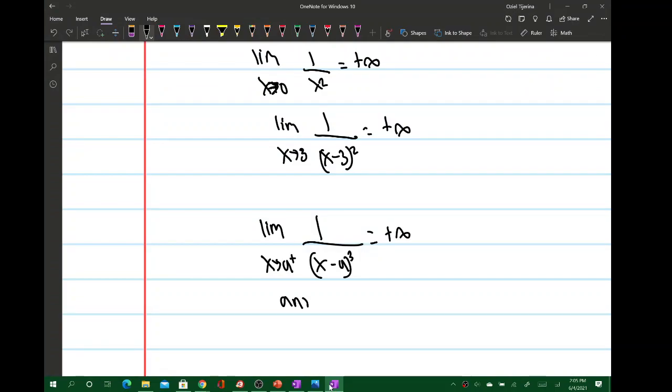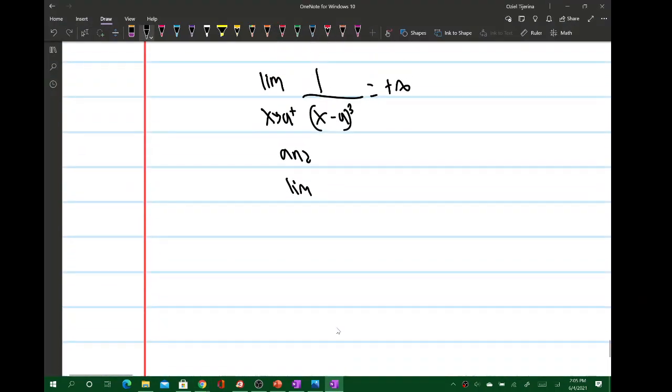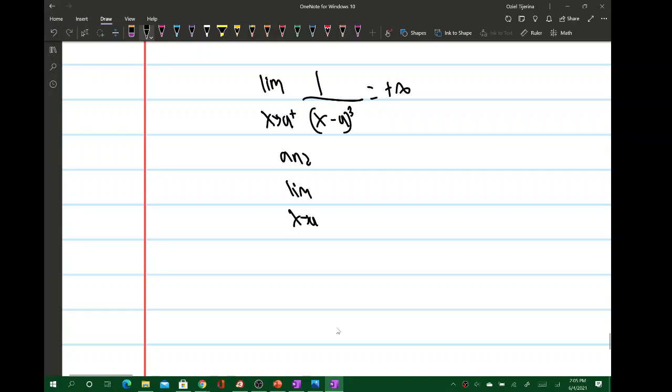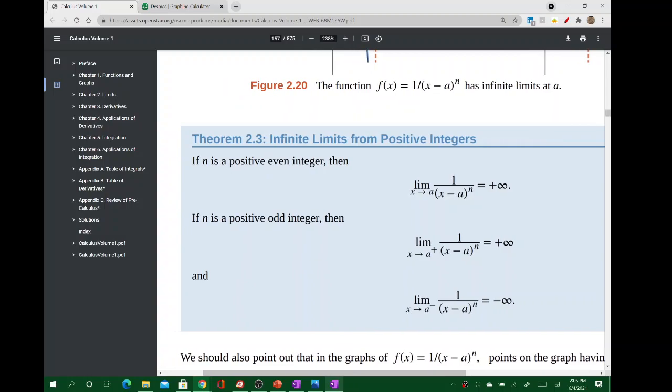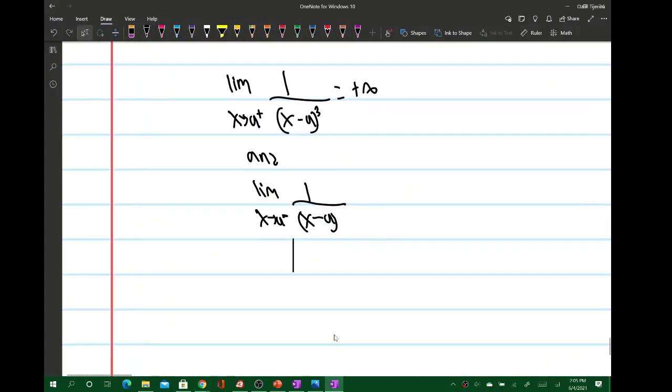And the limit as x approaches a from the left-hand side, as we get closer and closer to a, of 1 over (x minus a) raised to the third power is going to be negative infinity.